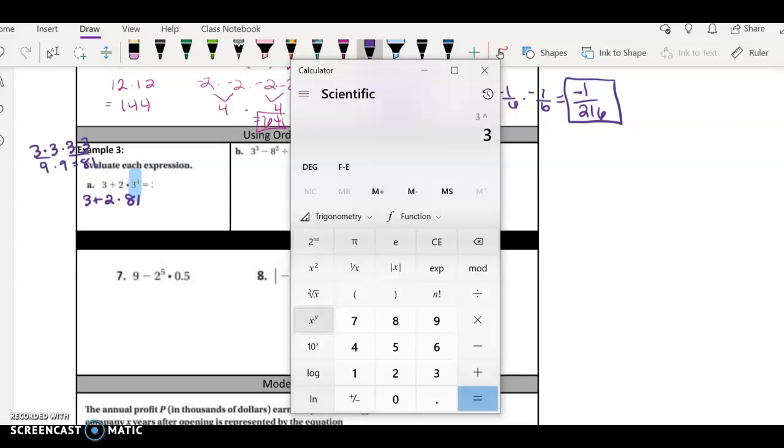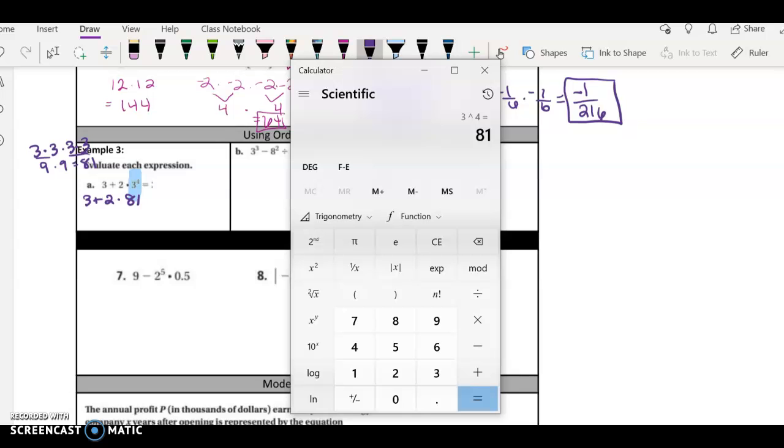So then we press that and it gives us this little caret looking thing. And so that's saying 3 to the, and then we now just pick our power, and we wanted the 4th power. And you hit enter, and there's 81. So you can do it on a calculator as well, so you don't have to always do it by hand. Imagine having a rather large exponent. You don't want to have to sit there and multiply all of them out by hand.